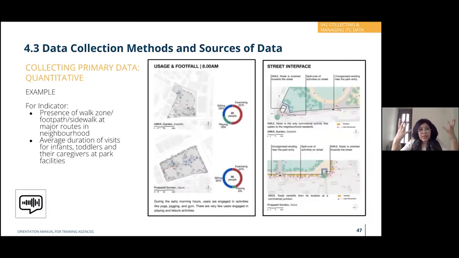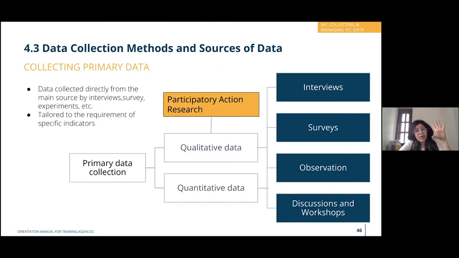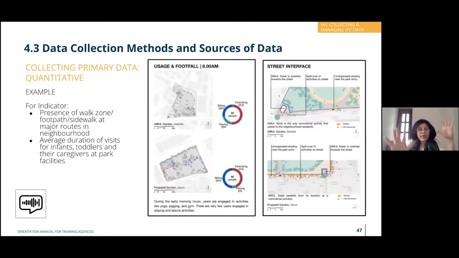How examples of data, right? Now we'll go back to our concept that there are indicators and then there's data, right? So for example, the indicator is: is there a presence of walk zone or footpath sidewalk at major routes in the neighborhood?